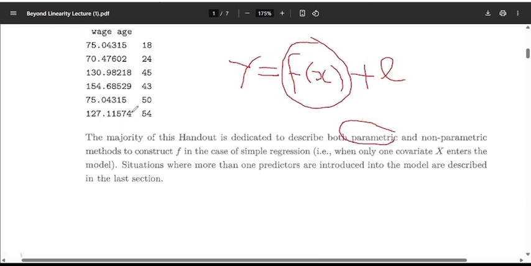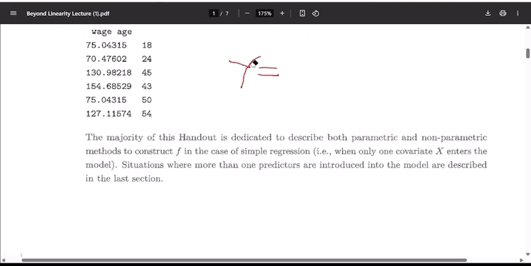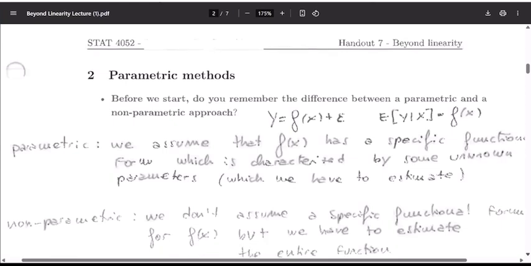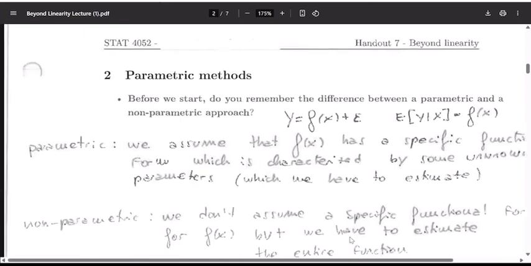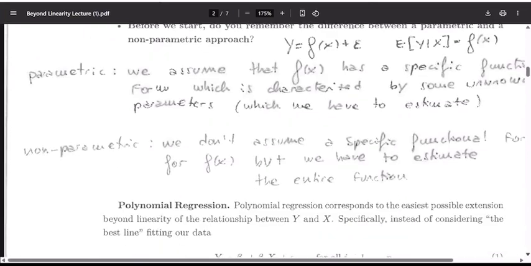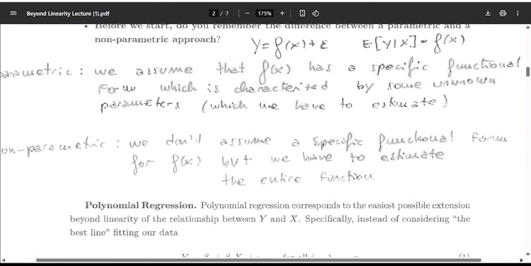Now, I want to start from the parametric, and I need you to pay attention. This is exactly what I'm trying to say. By parametric, the function assumes a specific functional form, and that functional form is going to be a function of parameters. When I'm not assuming a functional form, that is non-parametric.